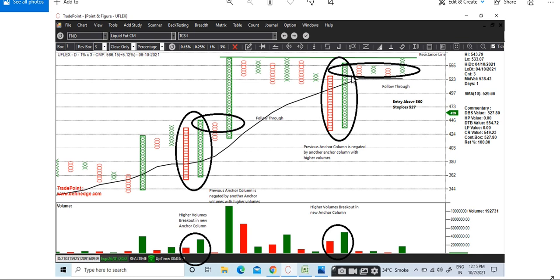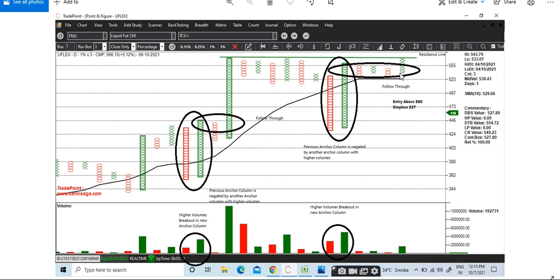Uflex, yeah. So I posted this chart on Twitter some days back when the stock was trading at 566, and that double top buy was at, I guess, 561 or something like that. Yeah.